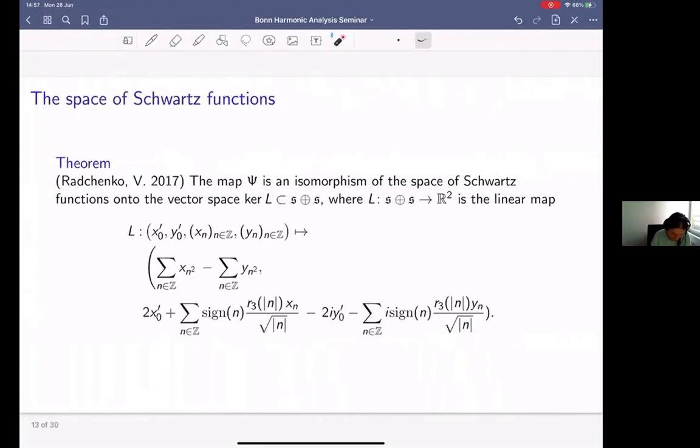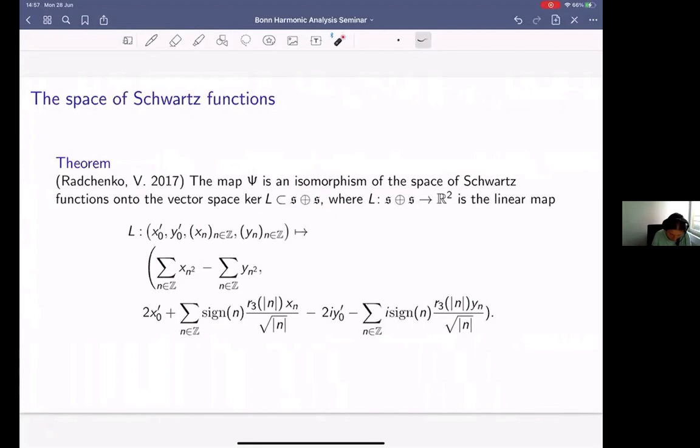And now we say that this map is an isomorphism of the space of Schwartz functions onto a subspace of this space.